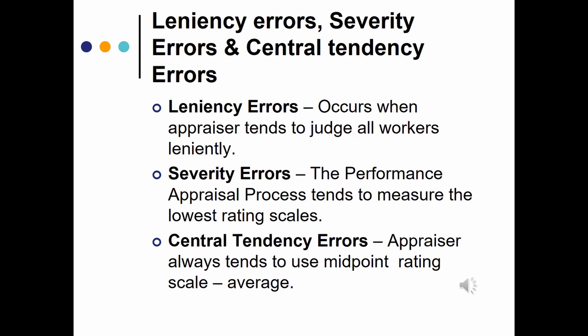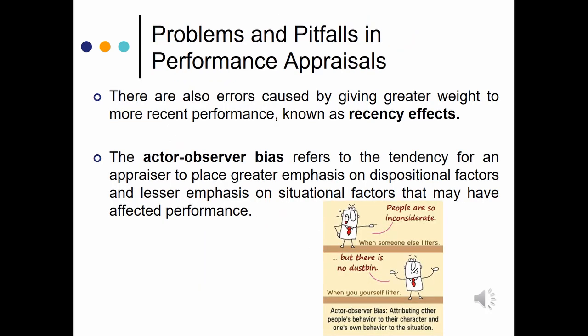There are also errors caused by giving greater weight to more recent performance, and we know this as recency effects. Another bias is the actor-observer bias. This refers to the tendency for an appraiser to place greater emphasis on dispositional factors and lesser emphasis on situational factors that may have affected performance.